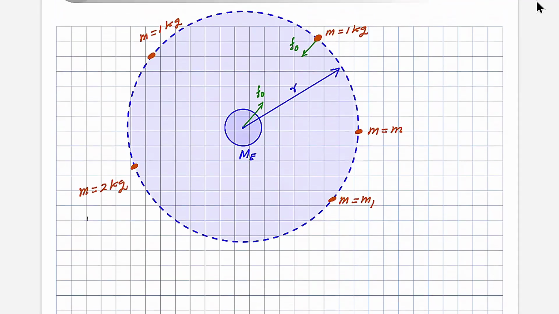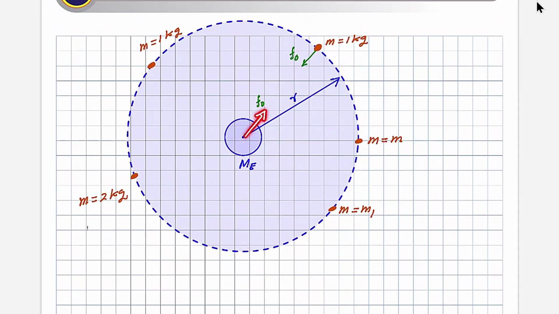Okay. So now the same thing I'm explaining here, F0, F0. You understand? Now, if you take another one here, this M mass, you have a force here. I would say Fm. And I'm going to have a force here, which is going to be Fm again. And what about this here? You have Fm1.